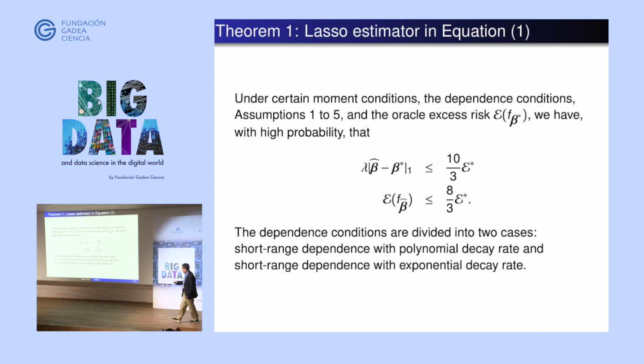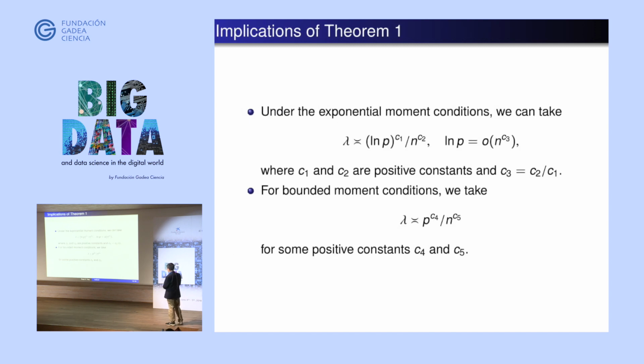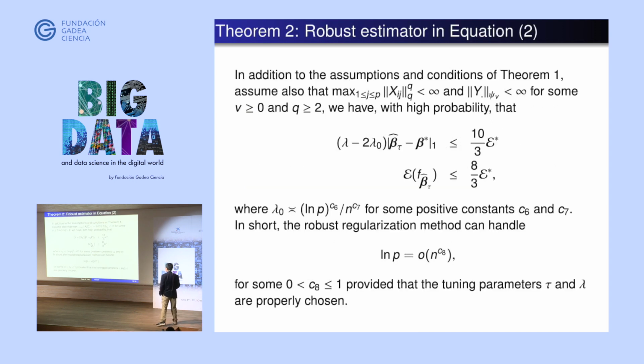These two types of rate give you two different results. The implication is that for the exponential moment condition, you can take lambda, the penalty, in this way, and p can be as large as exponential in the sample size. For the bounded moment condition, you can only have polynomial; p cannot extend too big compared with the sample size.